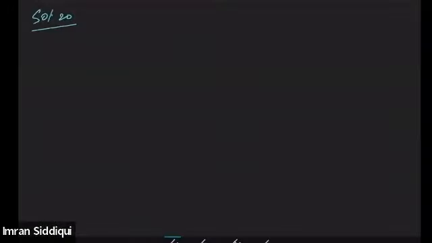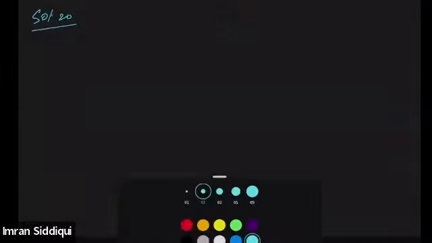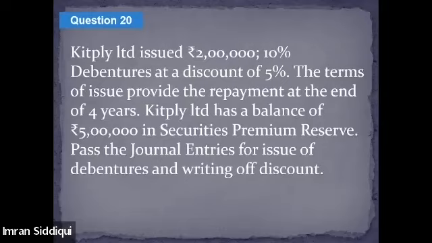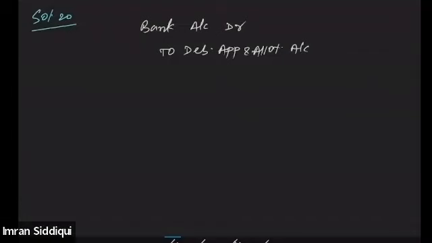So the entry for issue of debenture is, tell me, bank account debit, is that right? To debenture application and allotment account. And the value of the debentures was 2 lakh. However, it has been issued at a 5% discount. That means it must have been issued at 1,90,000.